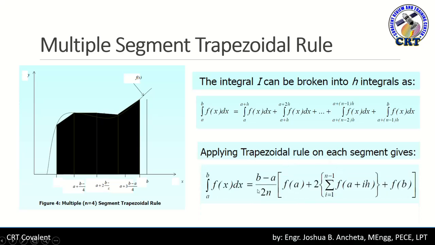Therefore, we can rewrite the equation as the integral now is (b minus a) all over 2n times the quantity f(a), plus 2 times the summation of f(a plus ih), plus f(b). And take note, the h here is equivalent to (b minus a) over n.